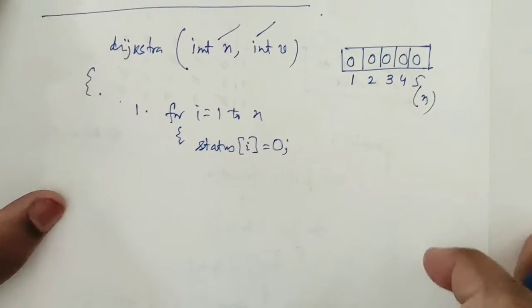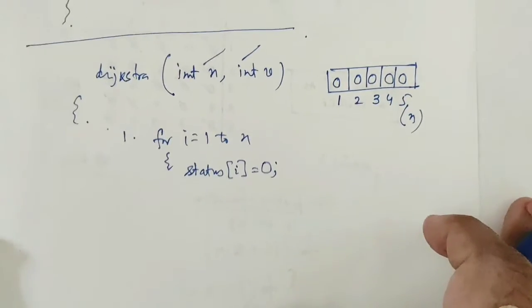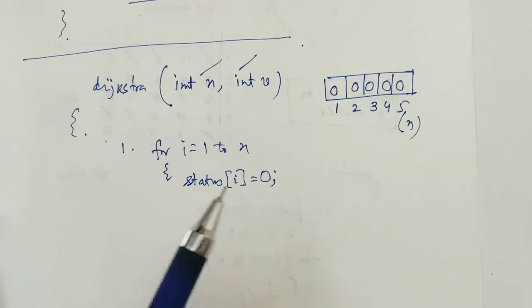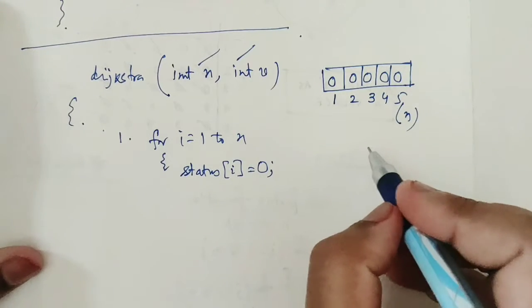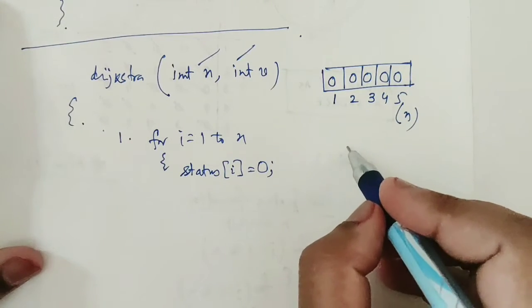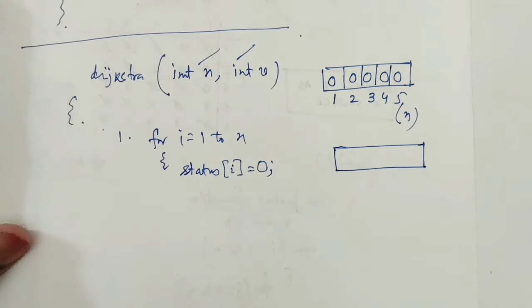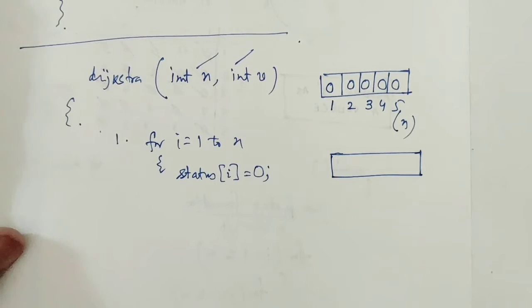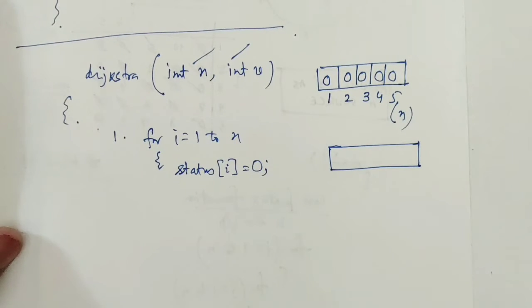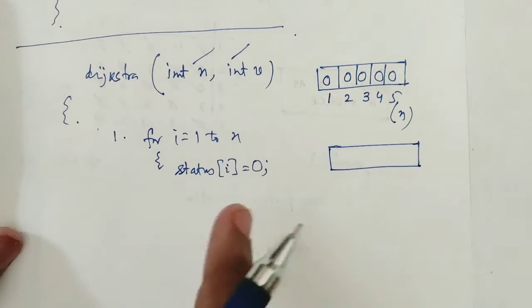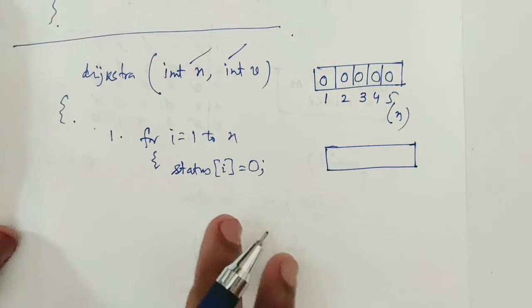Apart from this, I told you the Dijkstra algorithm maintains a minimum priority queue, and say the name of the minimum priority queue is dist. It is basically a 1D array, because if you go through the data structures and algorithms course, you will find that the concepts of stack and queue can be implemented with the help of a 1D array. So here also we use the queue in the form of an array.